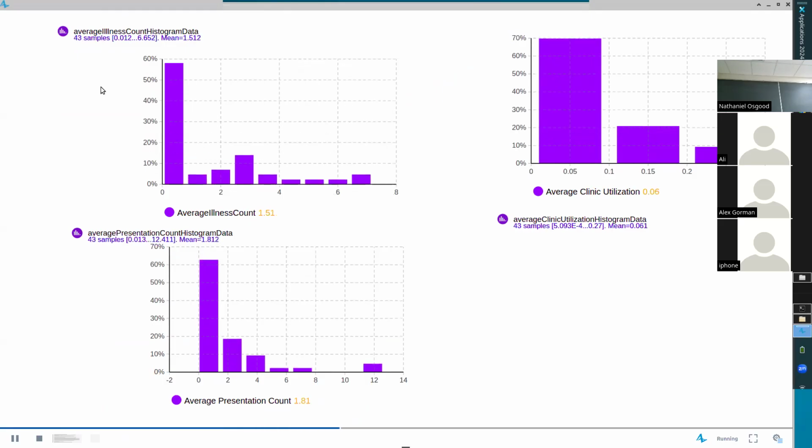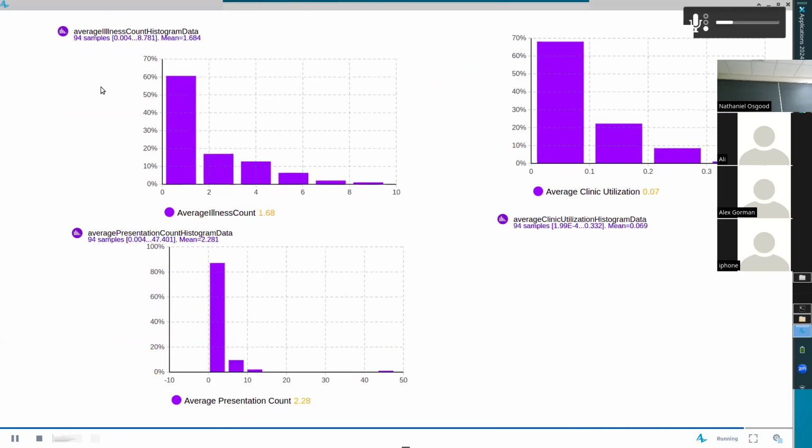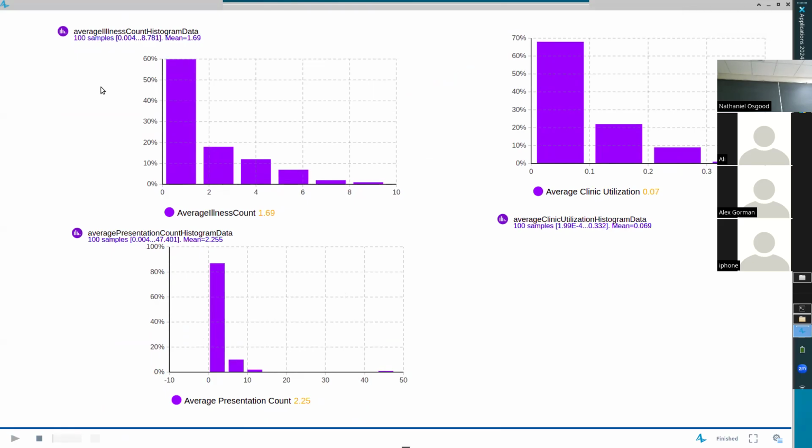For each run, you get an average number of times that people have gotten infected, an average number of times they've presented for care, and the average clinic utilization associated with that. Here we've run it many times in the baseline scenario.